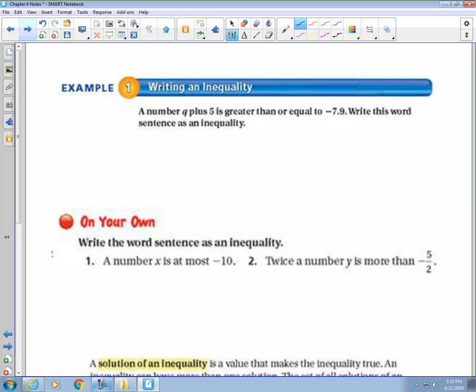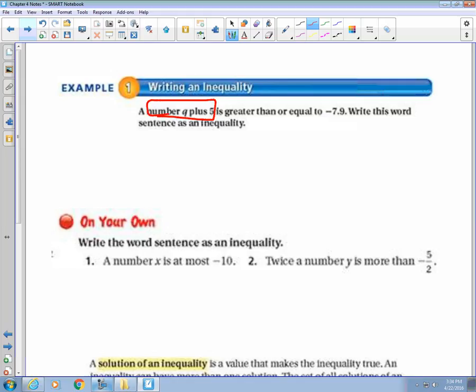All right. So a number q plus 5 is greater than or equal to negative 7.9. Write this word sentence as an inequality. So what I want to do is identify the expressions that I'm dealing with and the words that tell me the symbol. So a number q plus 5, that right there is telling me an expression.